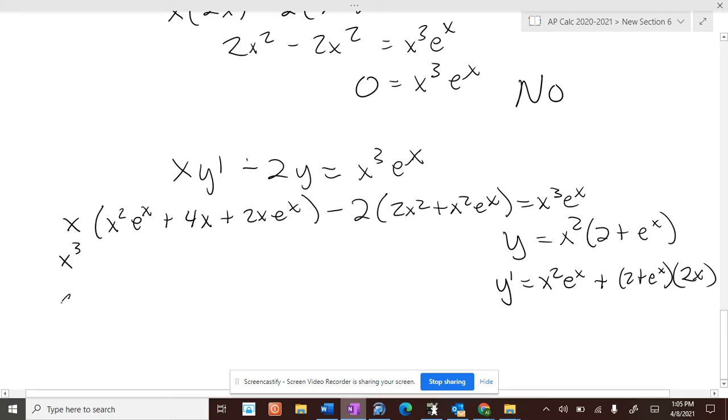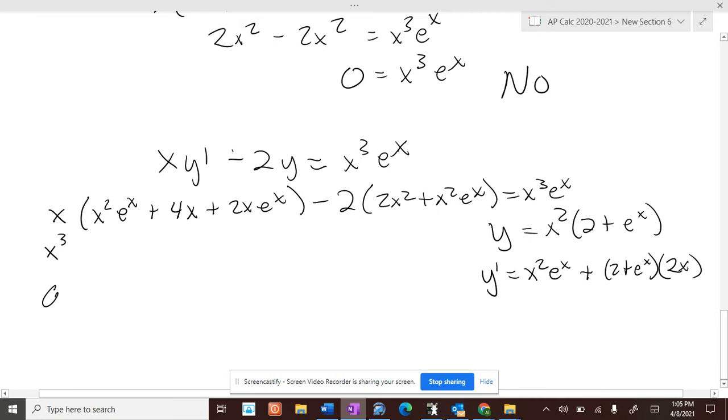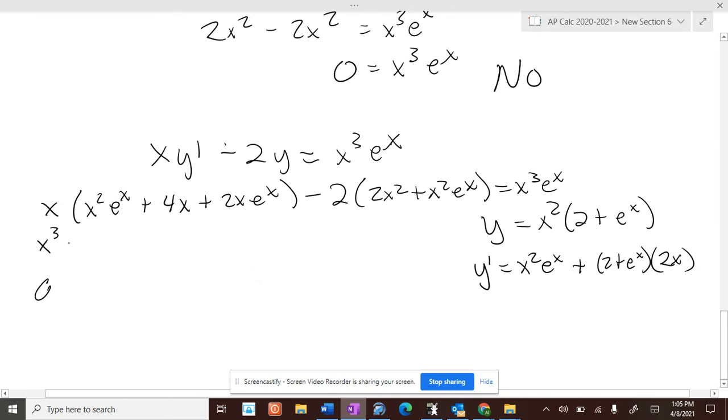Are you looking at, like, the Y prime? All right, here we go. So x cubed. Cause I didn't understand that either. What is the problem? Well, when you took the first derivative of Y, it just didn't seem right.